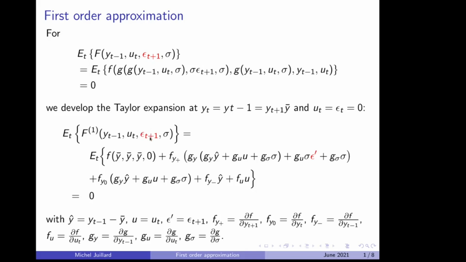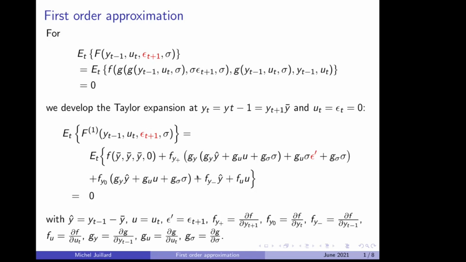Then I introduce some special notation to make things a little bit shorter. Y hat is equal to yt minus 1 minus y bar. U is ut, epsilon prime is epsilon t plus 1. Then the partial derivatives of the function small f and of the unknown function g are as follows.